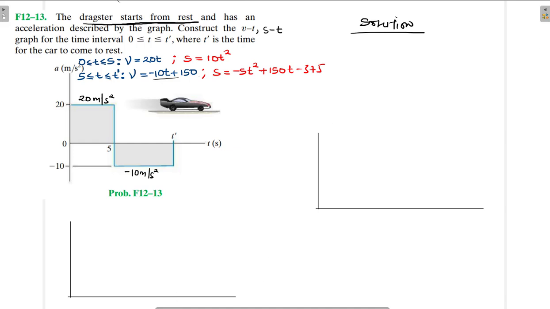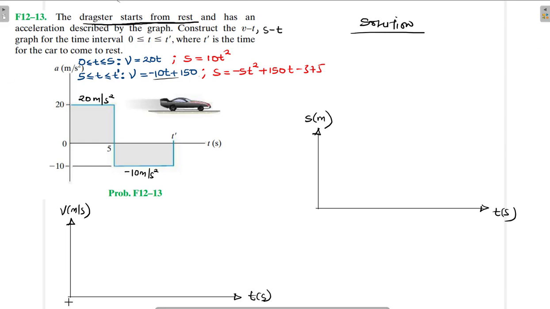So here we have V, which is in meters per second, then we have time in seconds. Here we have S in meters, then we have time in seconds.